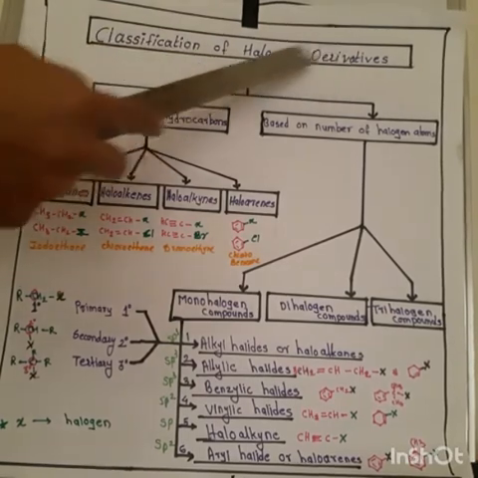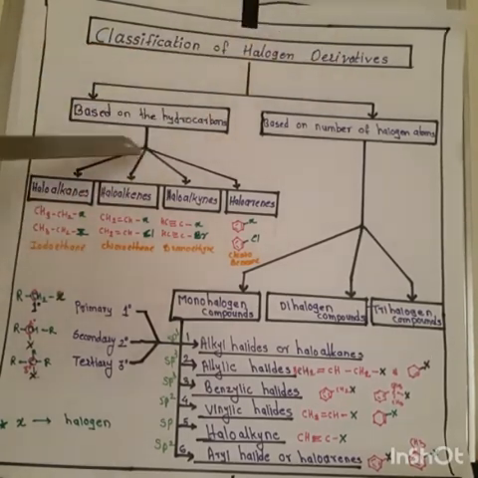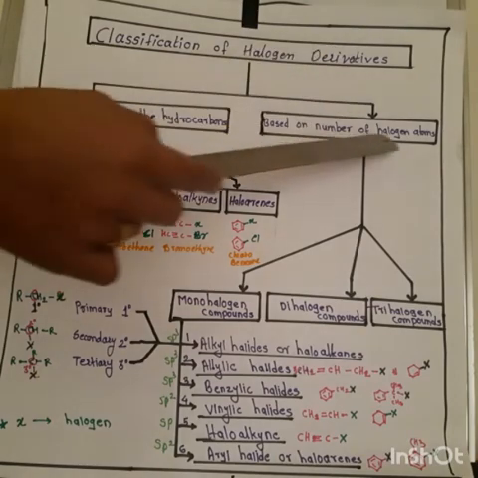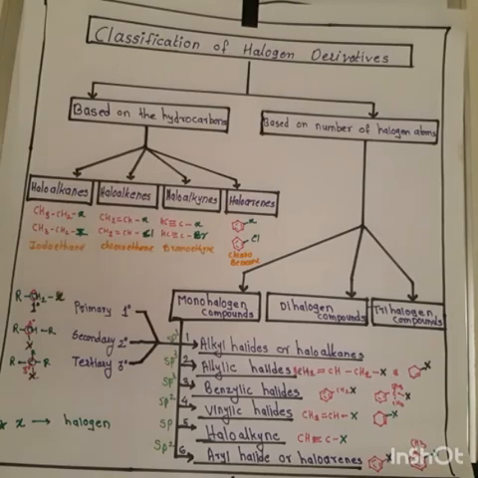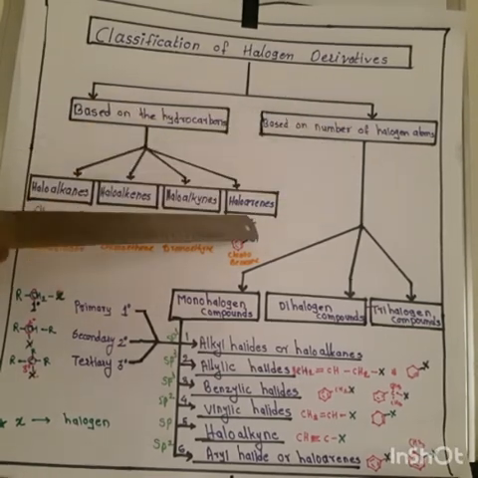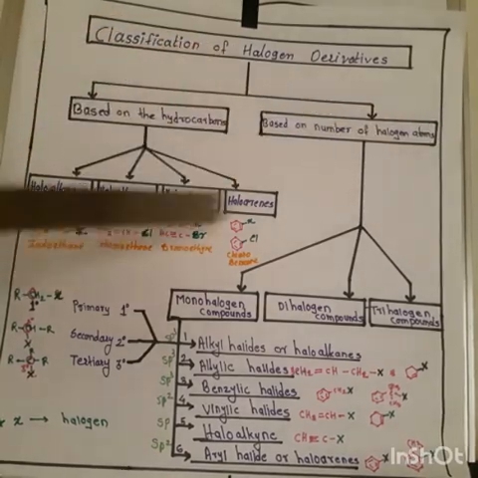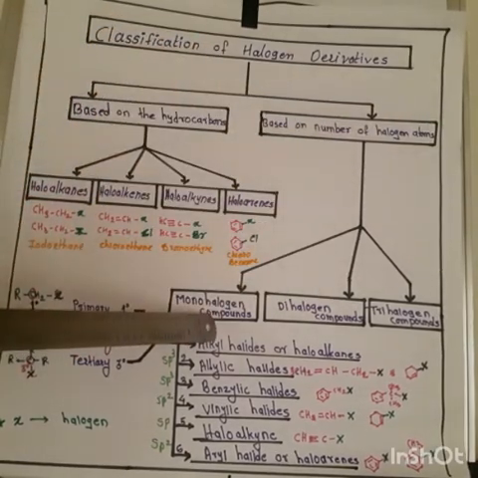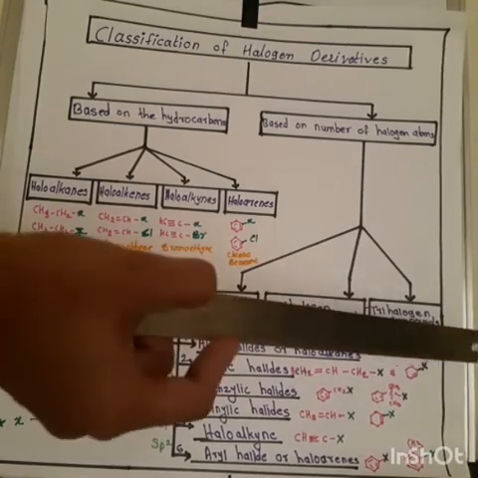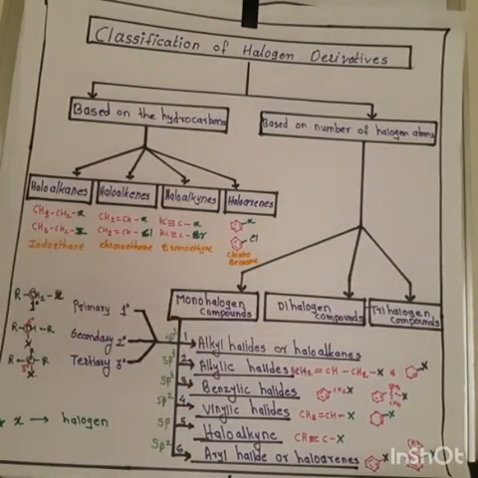In this, mainly the halogen derivatives are classified into two types, based on the hydrocarbons and based on the number of halogen atoms. Based on hydrocarbons, it can be further classified into four types: haloalkanes, haloalkenes, haloalkynes and haloarenes. Based on the number of halogen atoms, it can be further classified as monohalogen compounds, dihalogen compounds and trihalogen compounds.